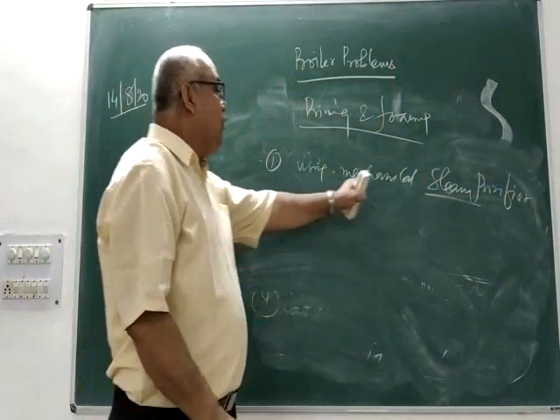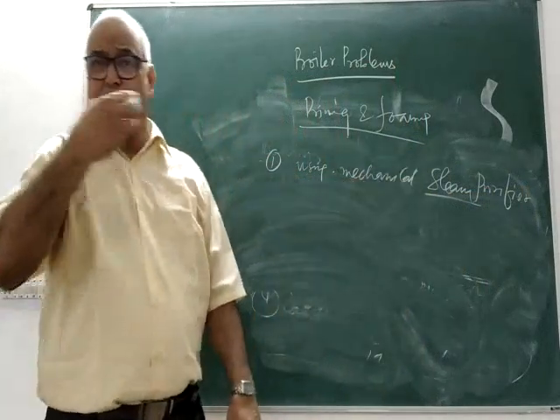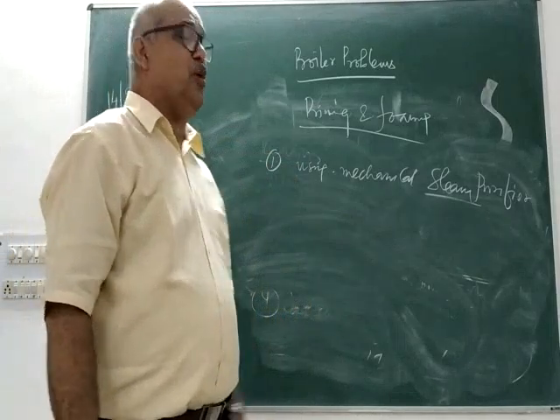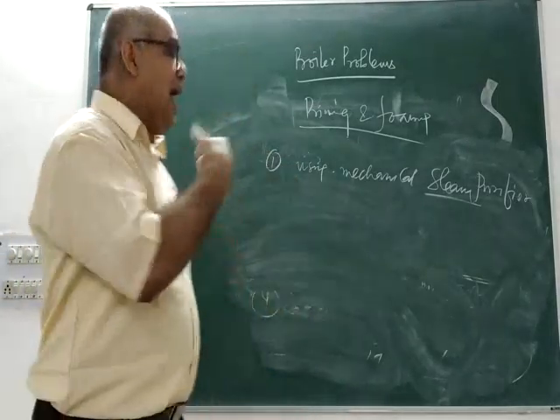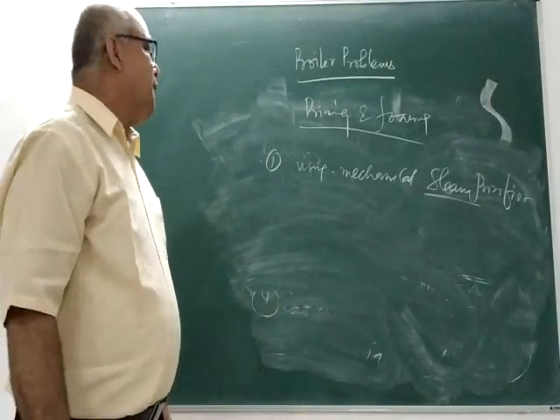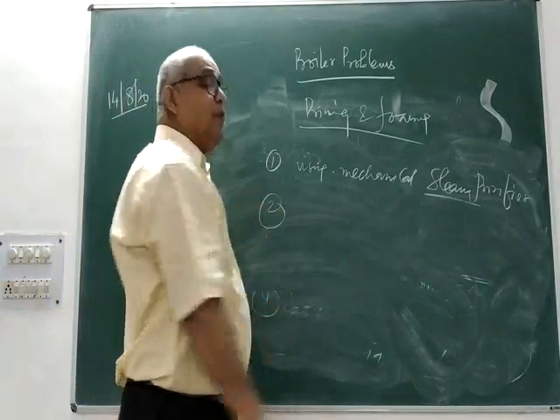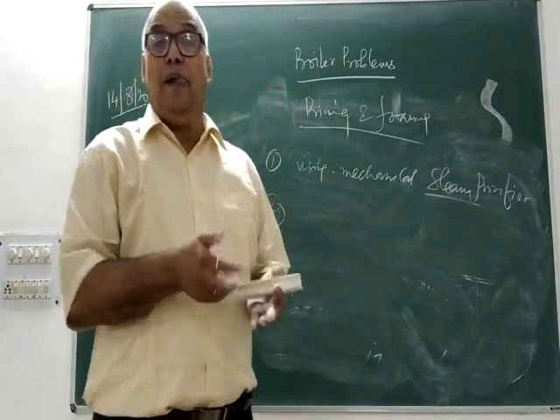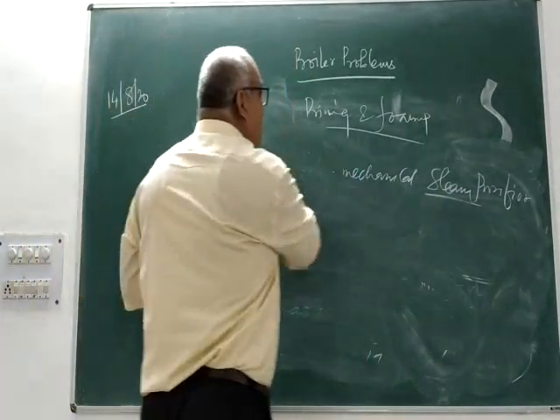So if you use a mechanical steam purifier, it will absorb the liquid water, and therefore your steam will become gaseous again. And number two, by avoiding rapid change in production rate, we can control priming. This is all about priming.